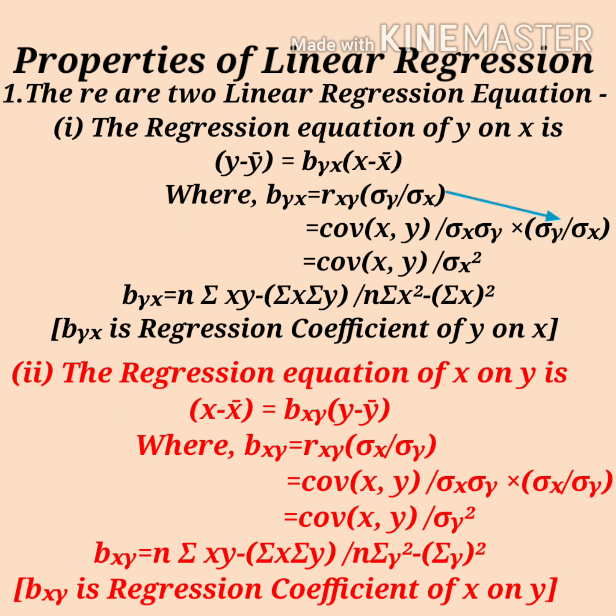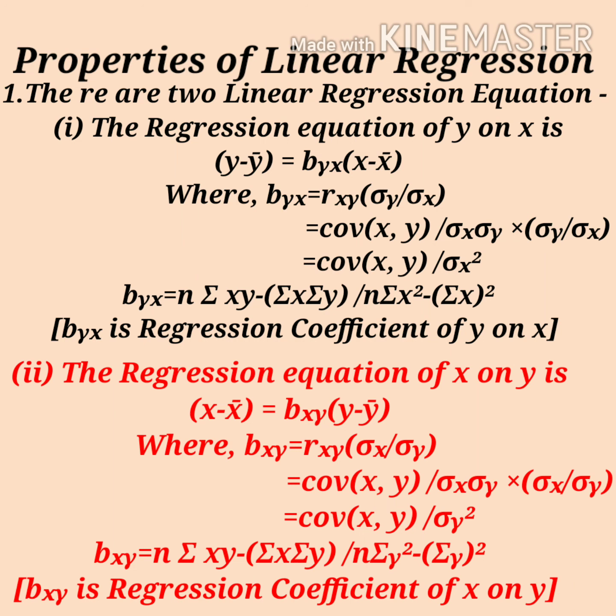In the next line, covariance of xy divided by sigma x square, as sigma y and sigma y will be cancelled. So after derivation, finally we can write b_yx equal to n into summation xy minus summation x into summation y divided by n into summation x square minus summation x whole square. That derivation part I have shown in my previous video.